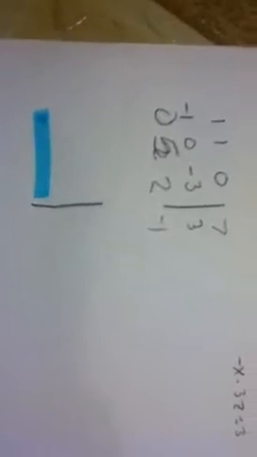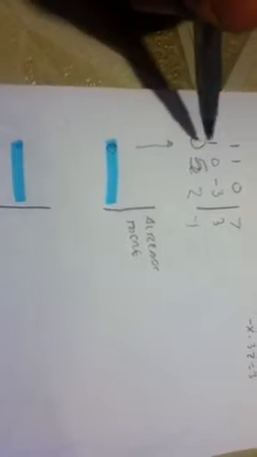So it'll be negative 1, 0, negative 3, and 3. Then I'm going to plug in this one right here, the one we had to simplify, to the top. So it'll be 1, 1, 0, and 7. Okay, so we have our matrix set up right there.